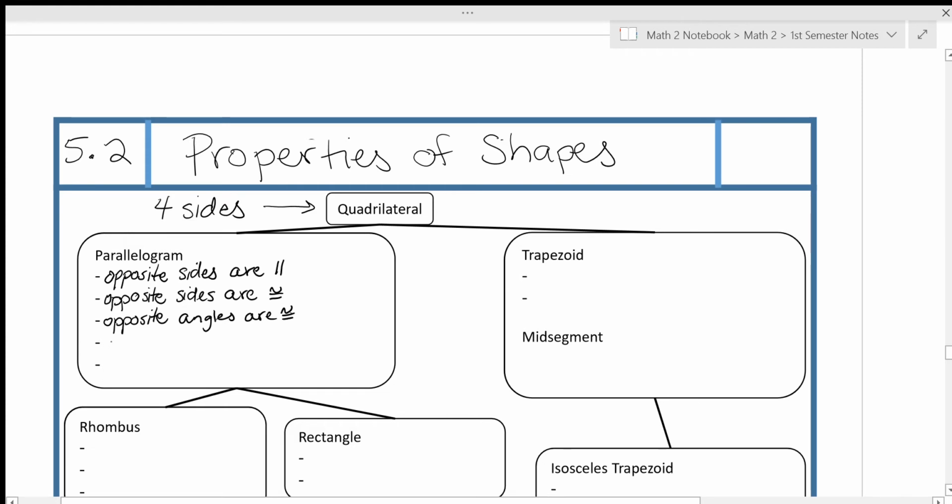They have consecutive angles. Consecutive means right next to. They have consecutive angles that are supplementary. Supplementary, as we reviewed in Unit 1, means that they add up to 180 degrees.